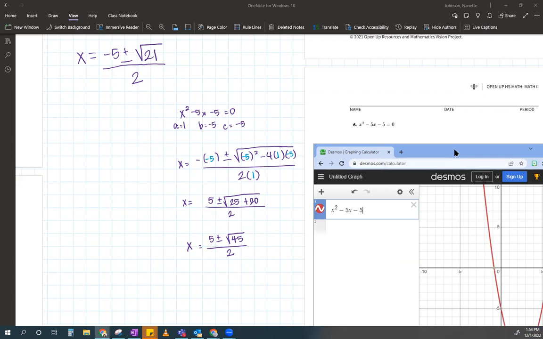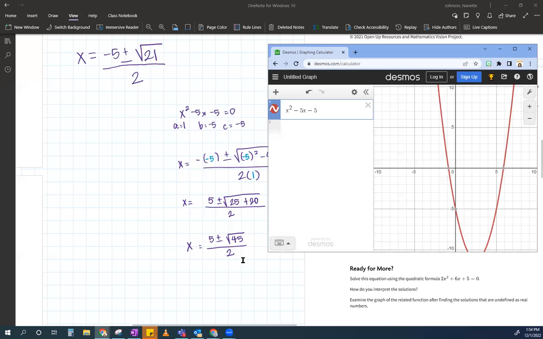So here's my parabola. And where is this answer in my parabola? Anybody remember? Where do you see it? Yes, yay! These are my x-intercepts.